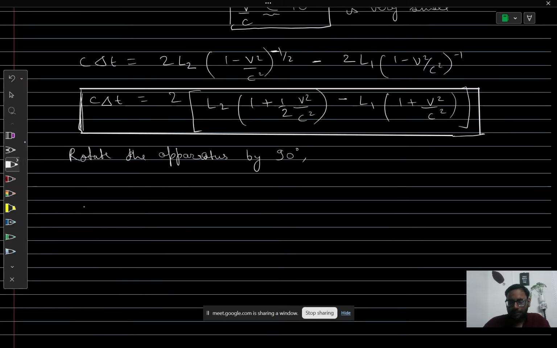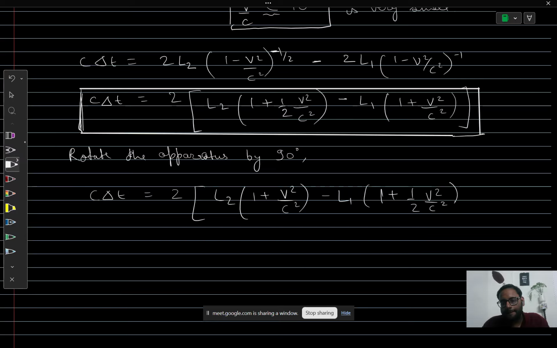Again, what you will get here is twice of L2 times 1 plus. I will tell you why we have rotated, but I just need to complete the derivation and we will see in the next class what the conclusions of it are. Okay, this is my rotated frame.